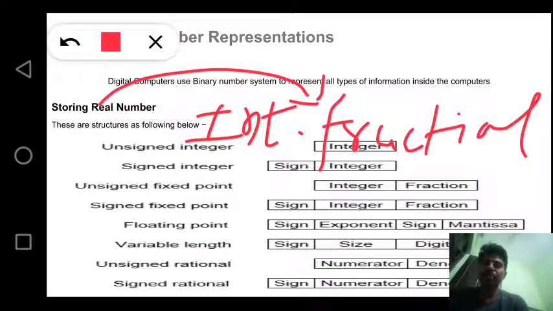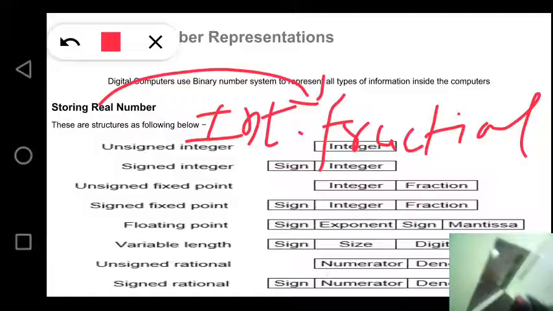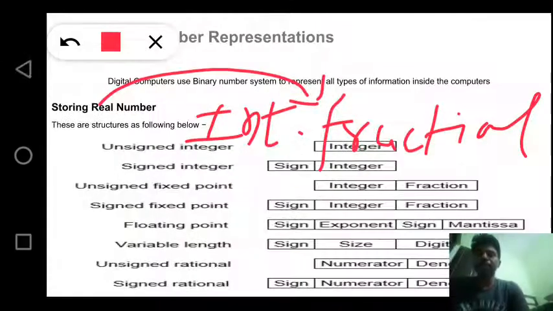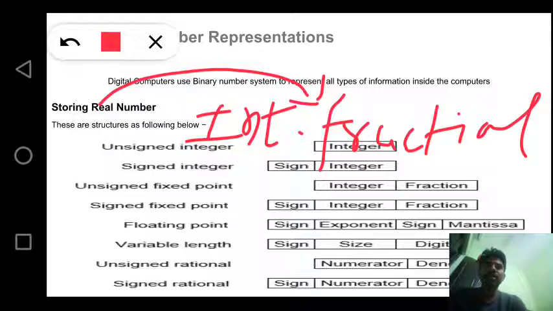The real number will have an integer part and a fractional part separated by a binary point. This is called a real number. So it is very important to know the representation of a real number rather than an integer.